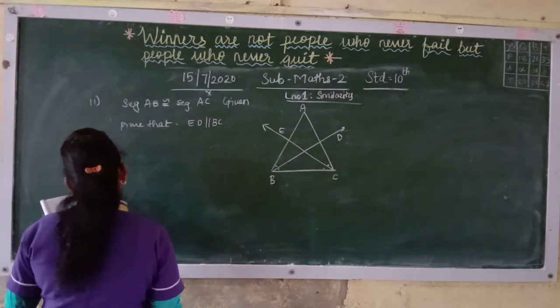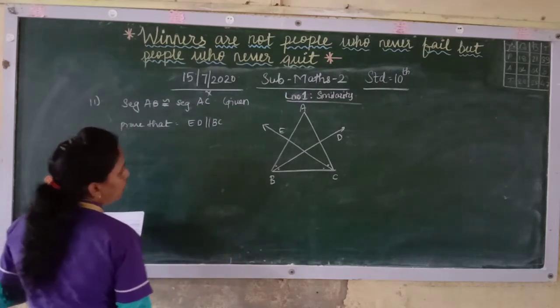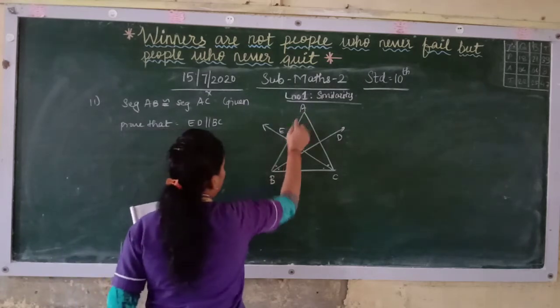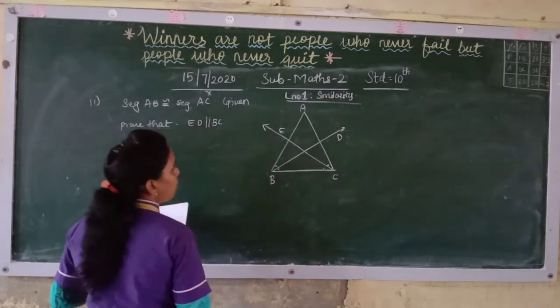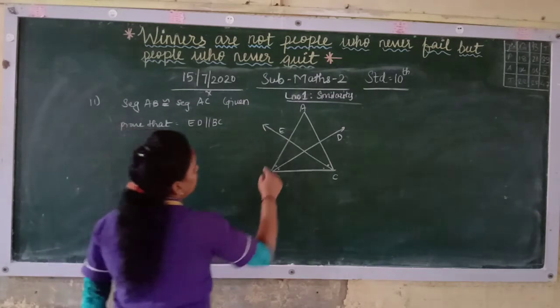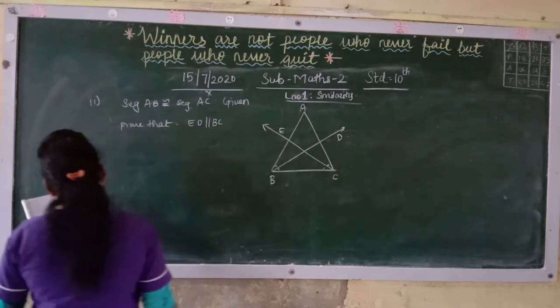Now first, BD is the bisector of angle ABC. So according to the angle bisector property, we will get AB upon BC is equal to AD upon DC. So that you can write.